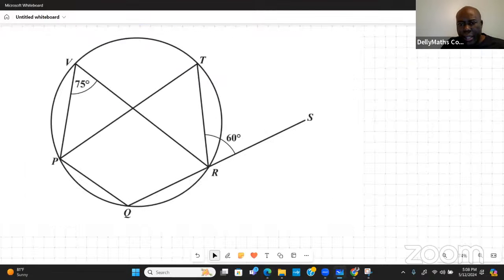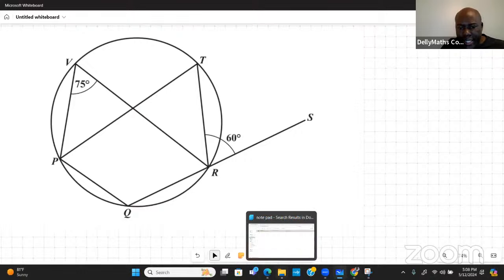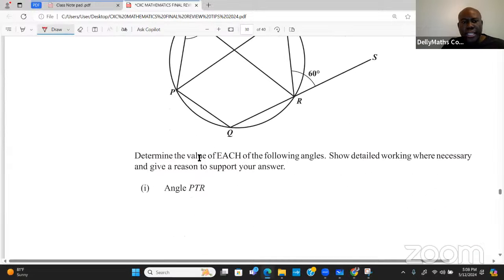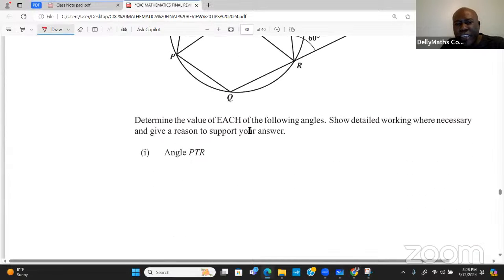All right, so here it is that we have the diagram. Let's go where the questions are. So the question says, determine the value of each of the following angles, show detailed working where necessary, and give a reason. Now, I'm just going to say you pay attention to this. They did say give a reason to support your answer, not a reason for each step.